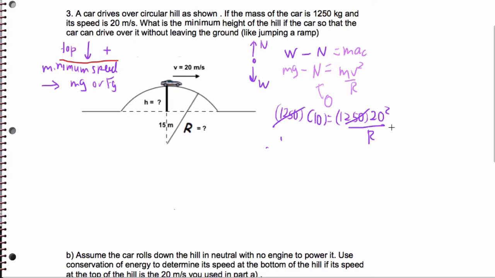I'll show you how in a second. When we isolate r, we end up getting 40 meters, but that's not our answer. So we have a radius of 40. That's this whole length here as 40, but let's be clear. We're told that the center of our circle is buried deep in the ground. This is 15 meters. So what this implies is that 15 plus the height that we want to solve for gives us 40. So our hill is actually only 25 meters high.